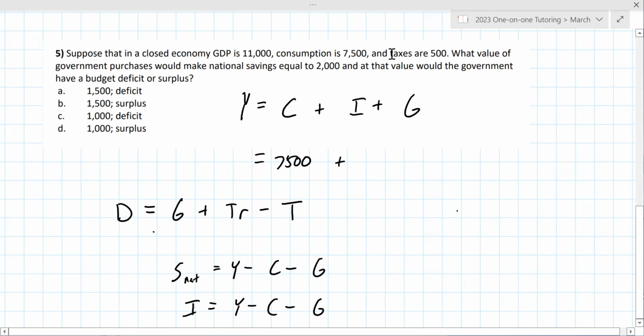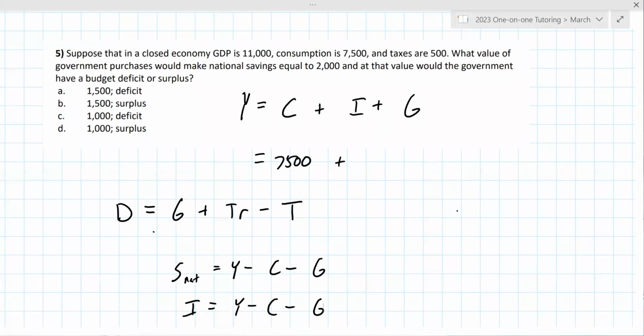So basically it would be minus G. Could you formulate it to be minus G plus X? Because if you made the equation, okay, wait, what value of national savings?